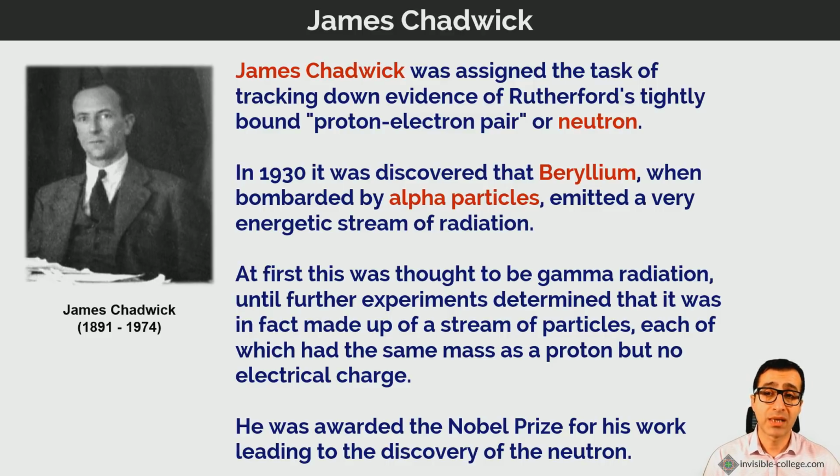He took beryllium and bombarded it with alpha particles, and he found that the beryllium gave off a very energetic stream of radiation. At first he thought this was gamma radiation, but further experiments showed that it was in fact made up of a stream of particles, each of which had the same mass as a proton, but no electrical charge. He was awarded the Nobel Prize for this work because this is essentially what led to the discovery of the neutron.